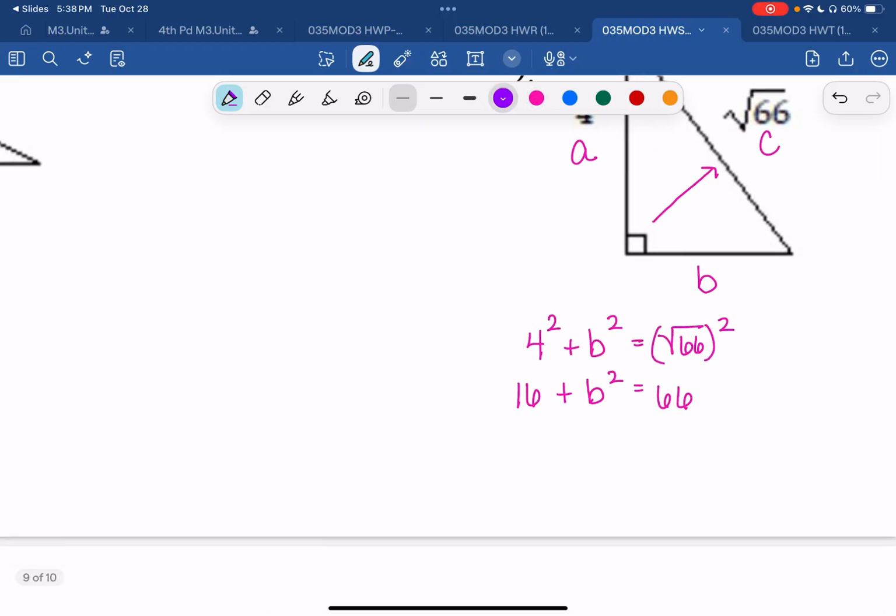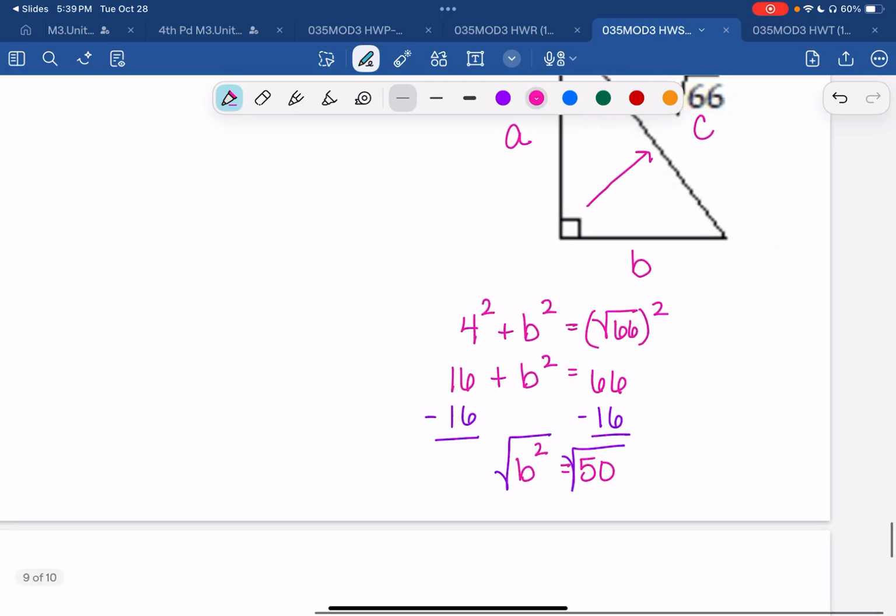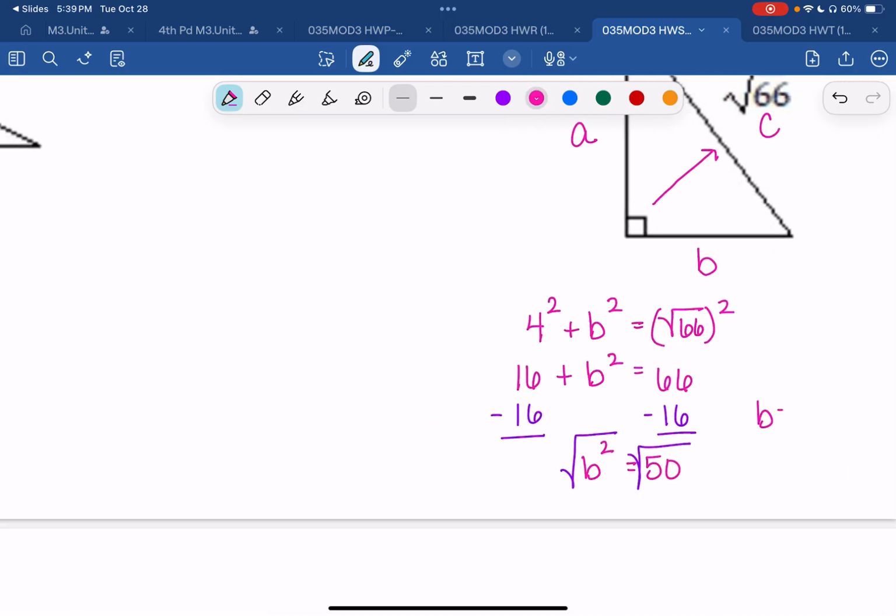I need to solve for B, so I'm going to subtract 16. So B squared equals 66 minus 16, so 50. I'm going to square root both sides. So that means that B equals the square root of 50, but we always want to simplify. So that can be the square root of 25 times 2, which is 5 square roots of 2.